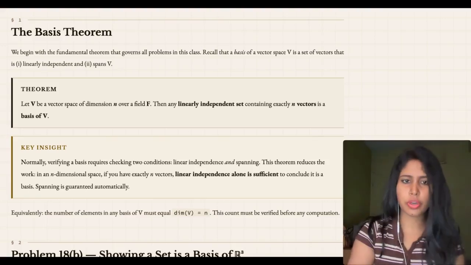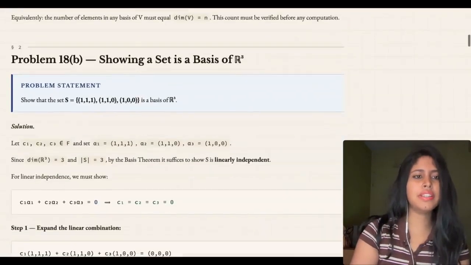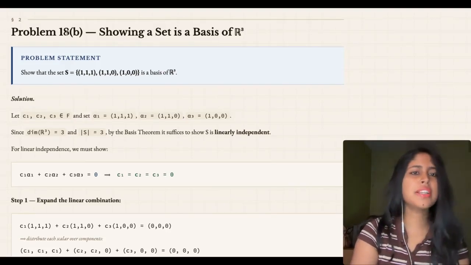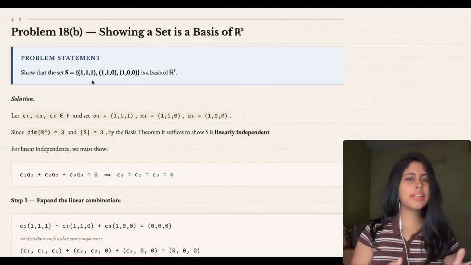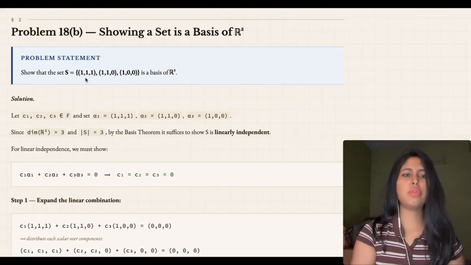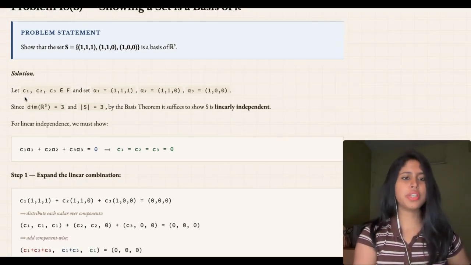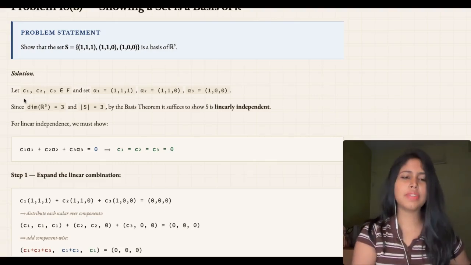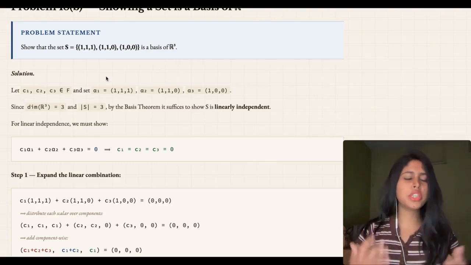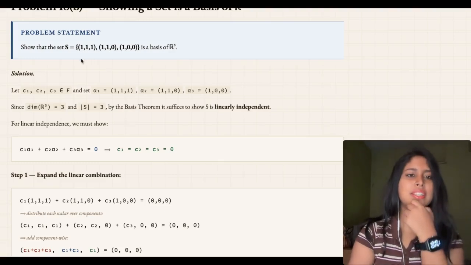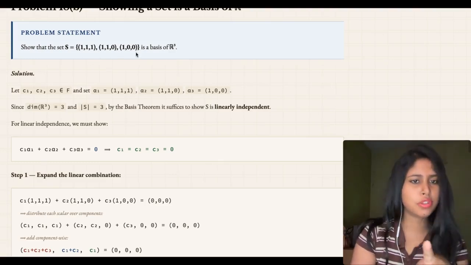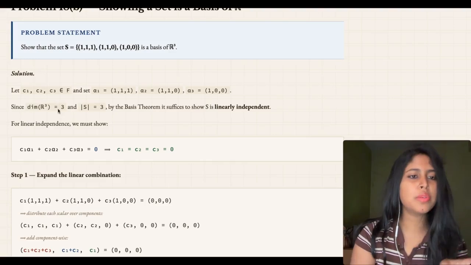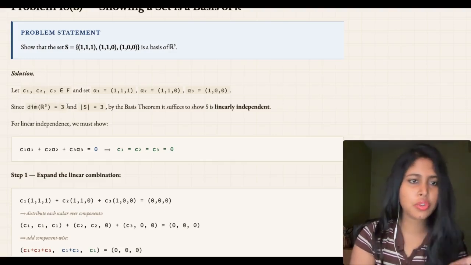Now, if I come to the questions of it, then you can understand what I am trying to show here. See, in this question, we need to show that this set is a basis of R3. And what is the set here? This is given here. And we will show that first we will take three scalars taken from the field, and then we will show the vectors we are taking. This is alpha 1, this is alpha 2, and this is alpha 3, right? And then we will show what is the dimension of R3. It is 3 only.